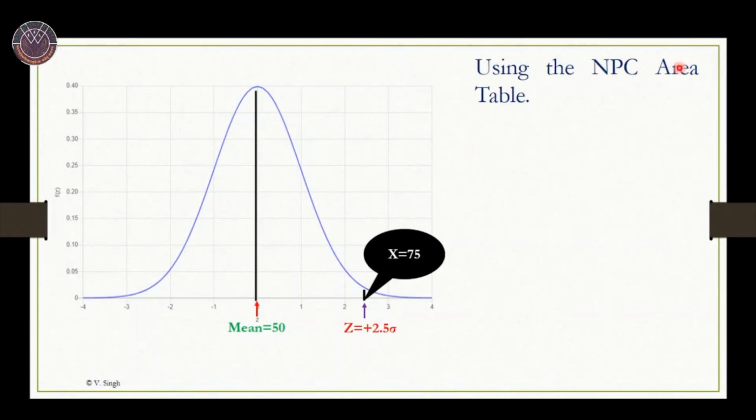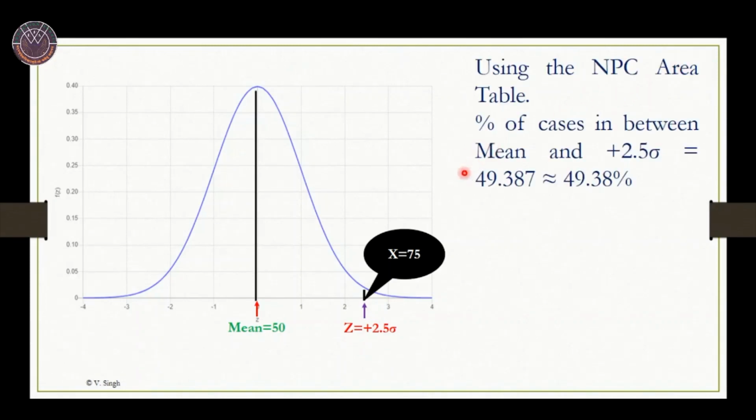Using the NPC area table, we can see that the percentage of cases between the mean and positive 2.5 sigma is 49.38%.